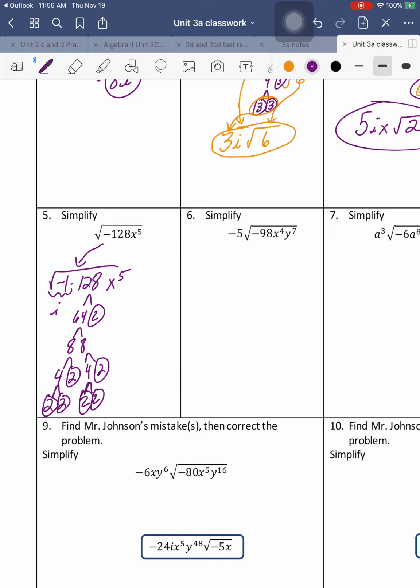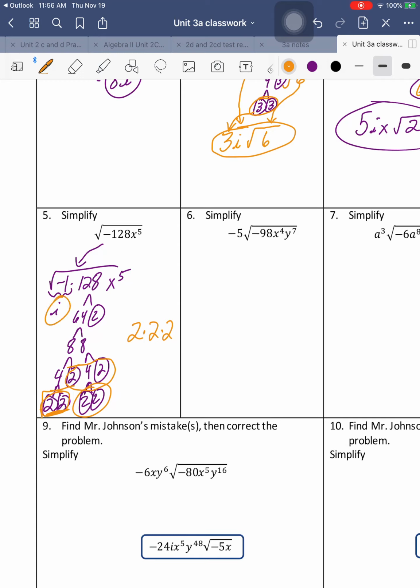Now, it's a square root, so we're going to look at pairs. So a pair of 2's. You could think of it as 2 times 2 is 4, and the square root of 4 is 2. And another 2 times 2 is 4, square root of 4 is 2. There's a 2 left over.